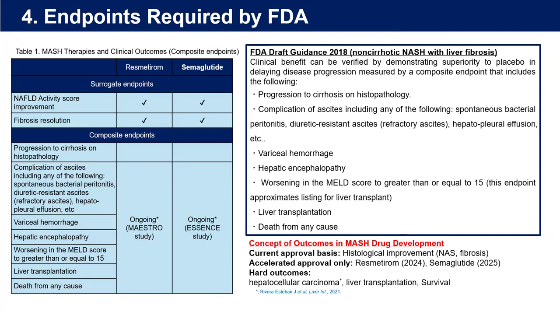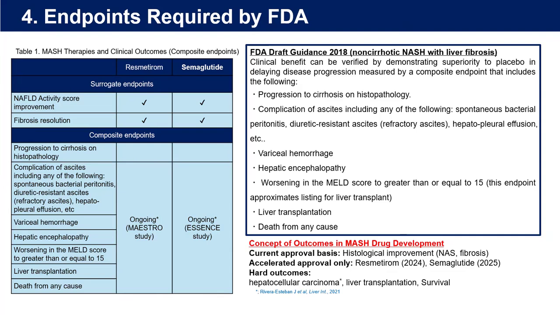As shown below, clinical trials are still ongoing, and composite endpoints, including progression to cirrhosis and hepatic encephalopathy, are being evaluated. This is a crucial point. According to FDA guidelines, to obtain final full approval, efficacy must be demonstrated for these clinical outcomes, namely progression to cirrhosis, occurrence of complications, transplantation, and death.